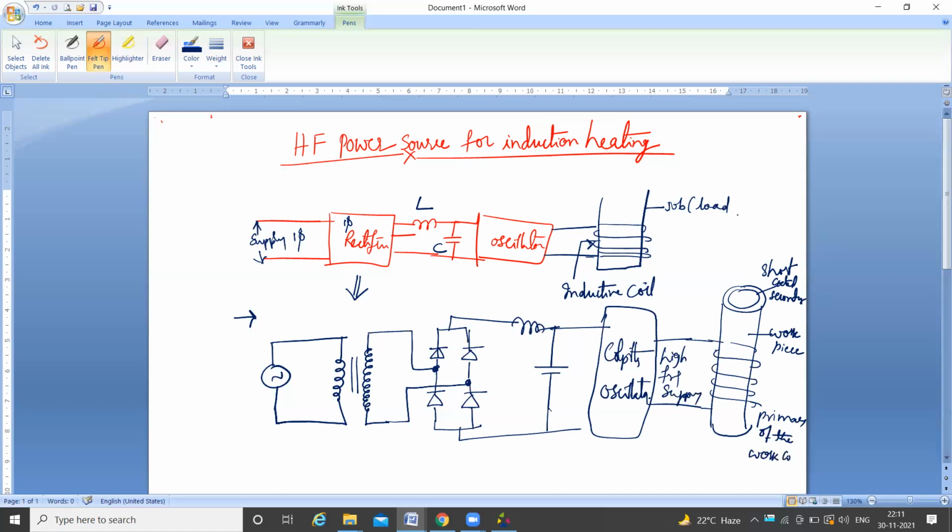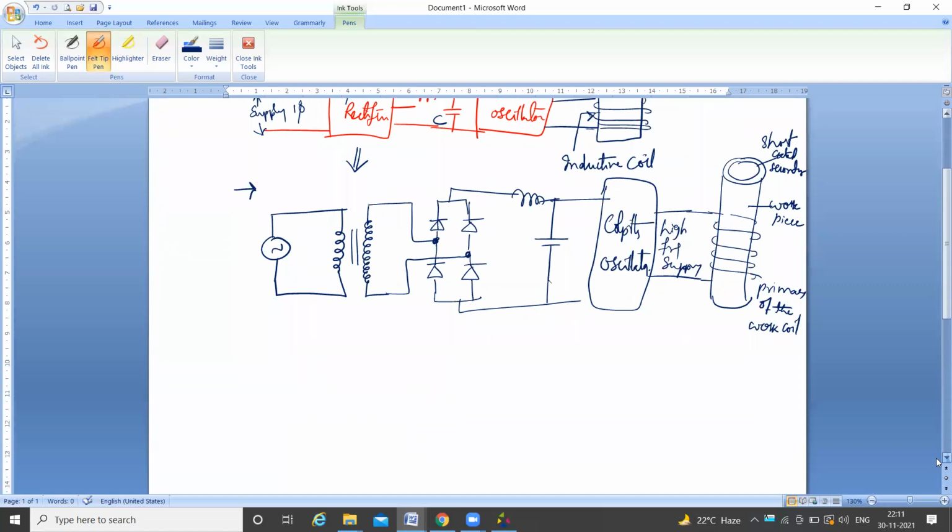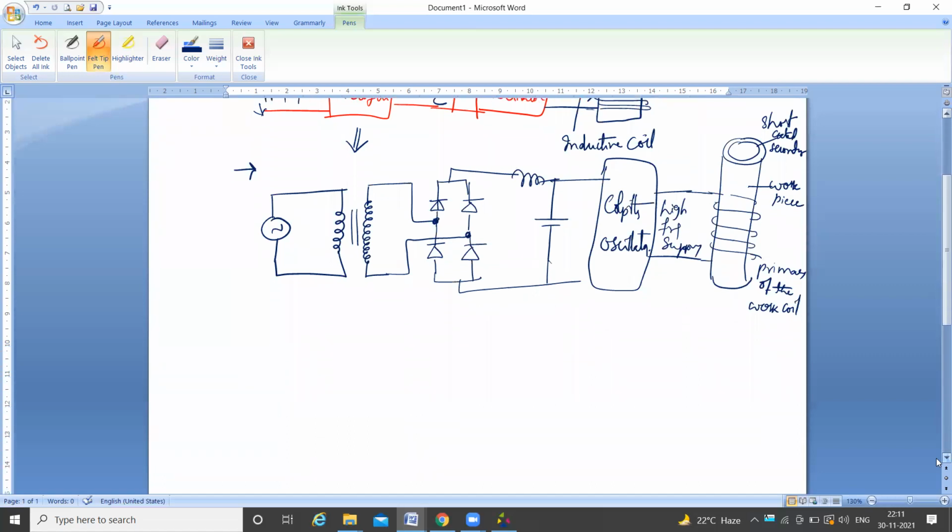So here, first the single phase supply is applied to the step up transformer.